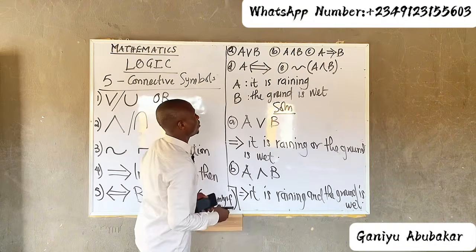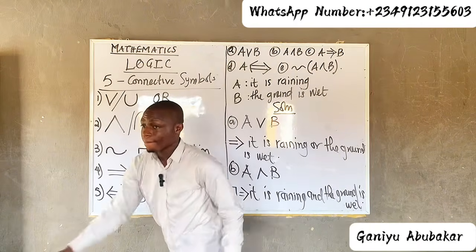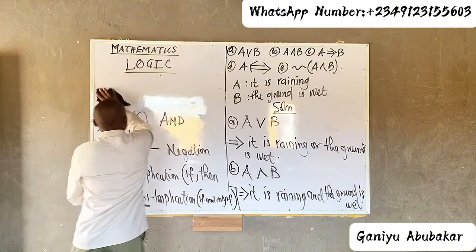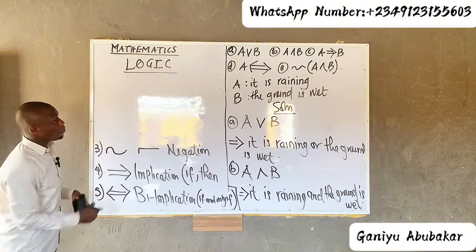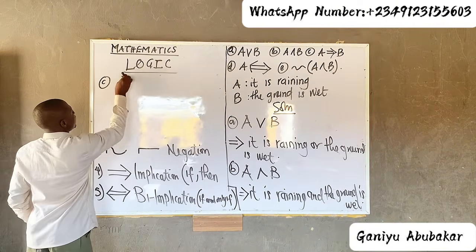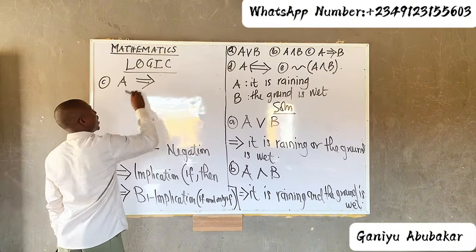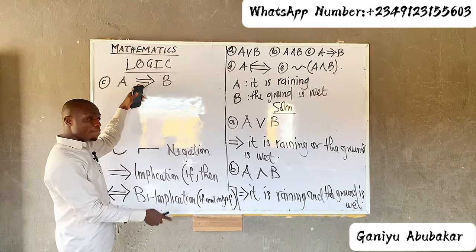Let's do C. For C, what I have there is A, a symbol that looks like an arrow, and B. This means "if, comma, then."